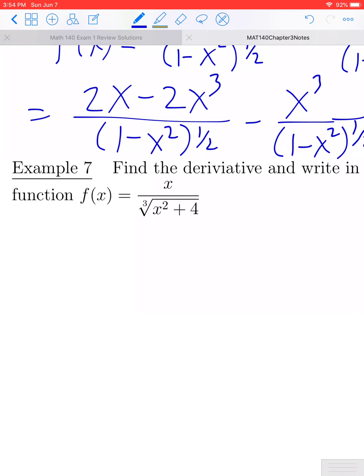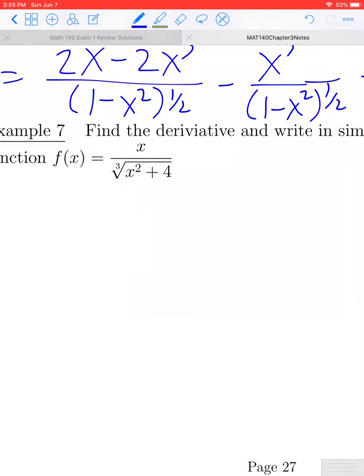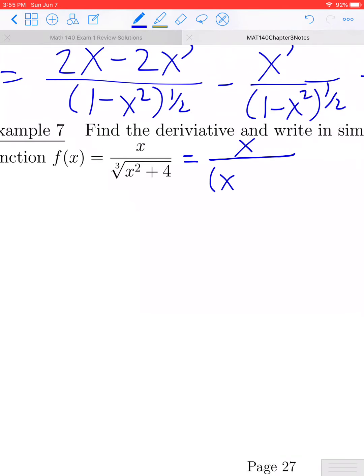Let's take a look at another one that's very similar. We're asked to find the derivative of this function and simplify it. First things first, before we apply our calculus rules, let's take the time to rewrite it to make that part a little bit easier. We can think of the cube root as equivalent to the 1/3 power.